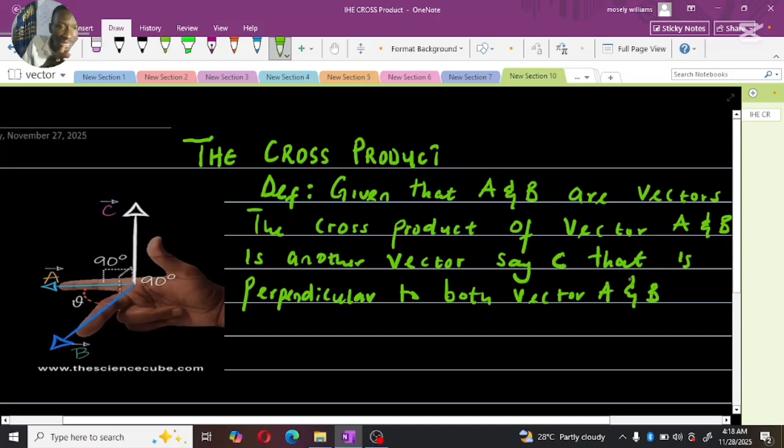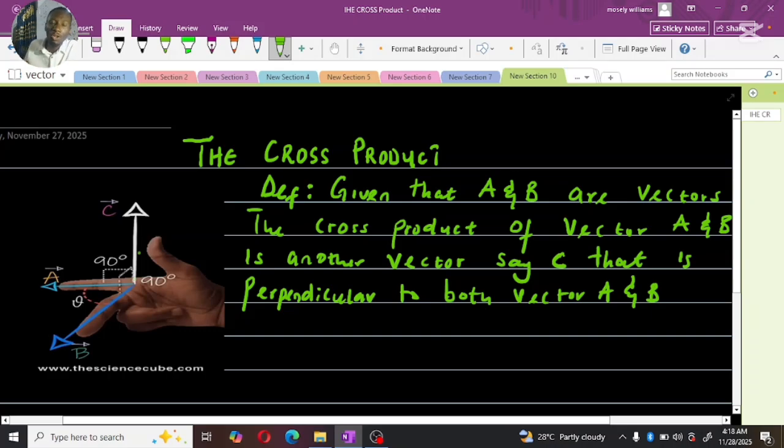Now, if you look at this image here, you can see that we have two vectors, A and B. It is telling us that when we take the cross product of vector A and B, it is going to give us another vector, which is C. You can see this C is forming 90 degrees to A, and it is also forming 90 degrees to B. So it's as simple as that.